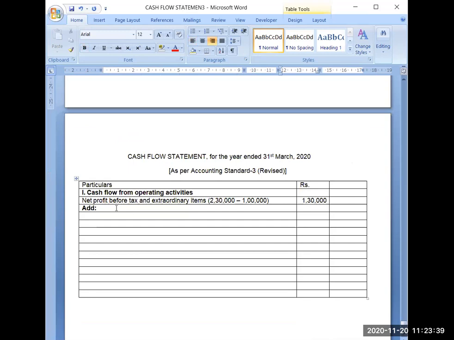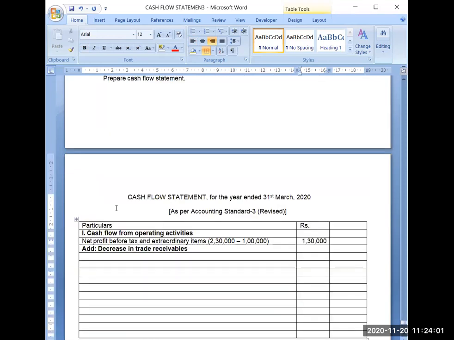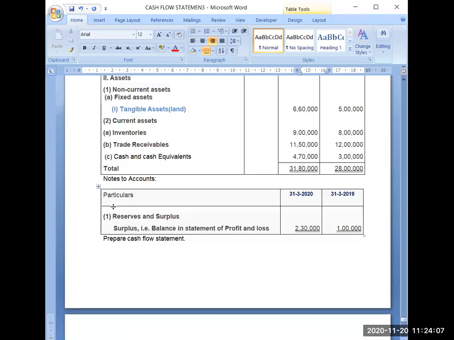So we will add decrease in trade receivables. And decrease in trade receivable is how much? 50,000. Yes, 50,000. So 50,000 we will add. Then inventory we have to reduce.